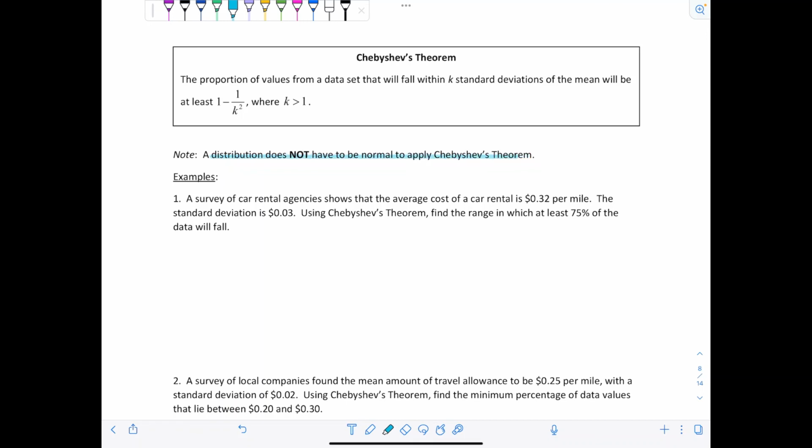Okay? If it is normal, Chebyshev's theorem is going to underestimate. It gives you a conservative estimate for how much data is within a certain number of standard deviations. Like if you use k equals 2, that means 1 minus 1 over 2 squared, or 1 minus 1/4 of the data is within 2 standard deviations of the mean. 1 minus 1/4, that's 3/4, which is 75%.